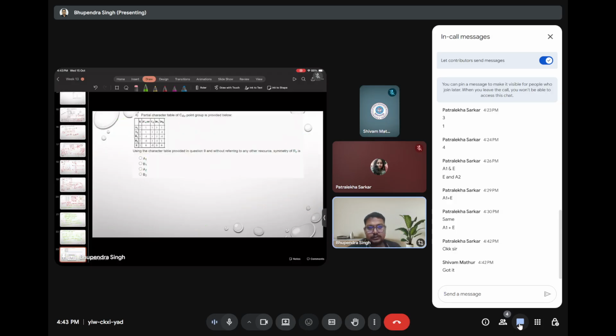Okay, moving to the next question. Partial character table of the C4V point group is provided below.